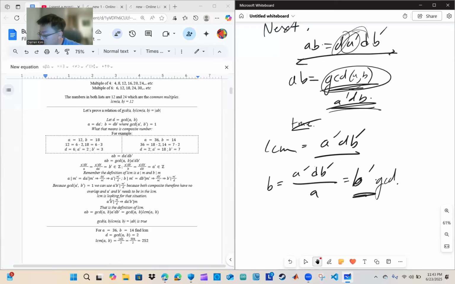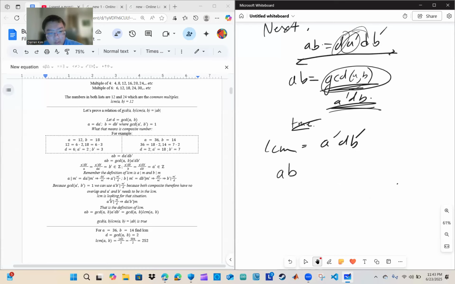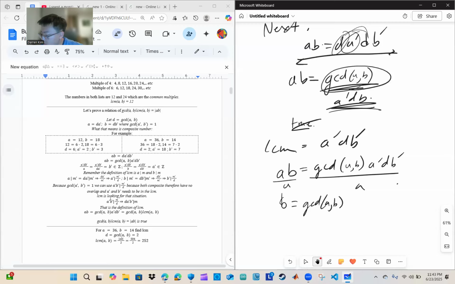Let me give you AB equals GCD(A, B) times A prime B prime, and let's divide that by A. That will give me B equals GCD(A, B), and then this will cancel out, leaving us with this, because I showed you earlier that A is d A prime and this is B prime like this.